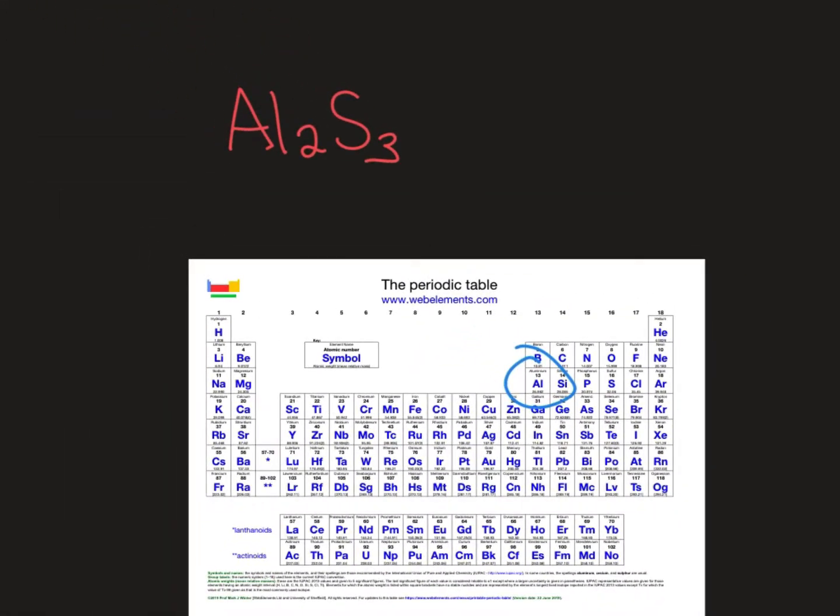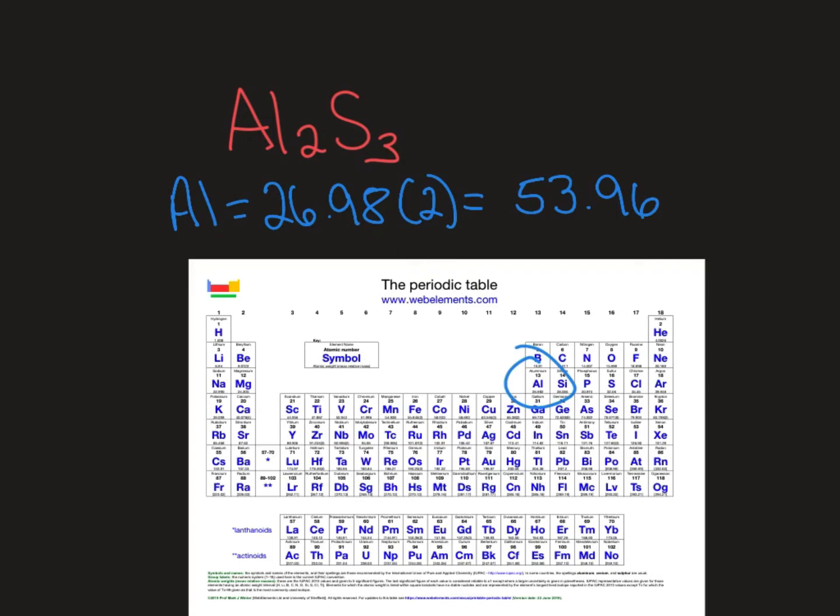So we have aluminum 26.98, and there's 2 aluminum, so I have to multiply that by 2. So if you take 26.98 times 2, you will get 53.96.